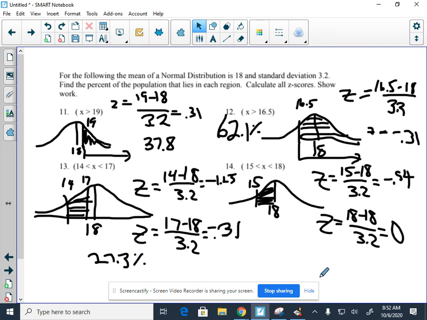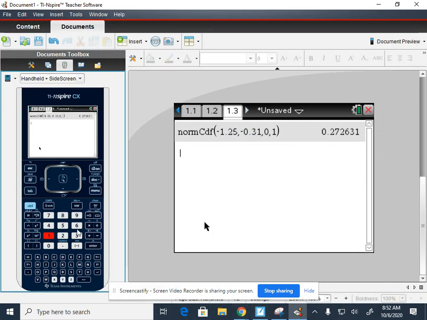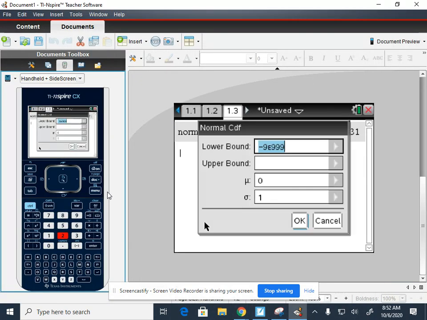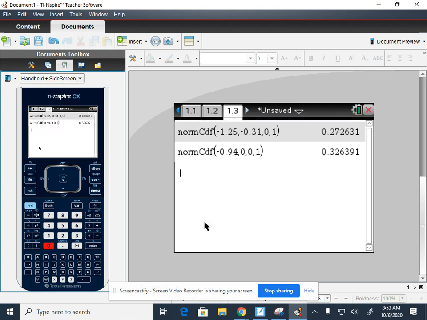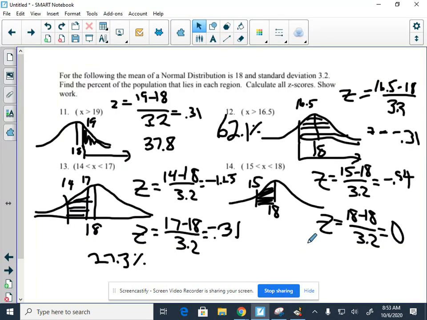And then the next one is -0.94 to 0. It should be 32.6%. Now, in stats, we're not like calc where we worry about rounding at the end of the problem. Some people round in the middle of the problem, and you're going to get different answers.